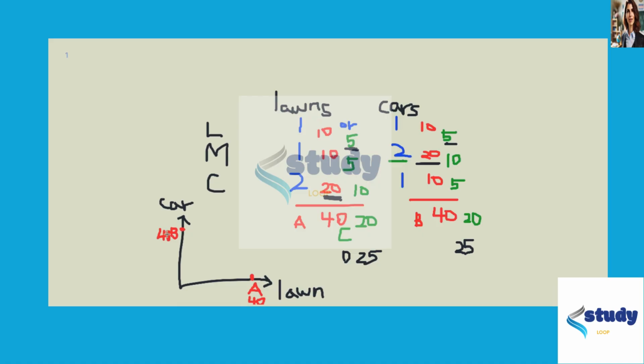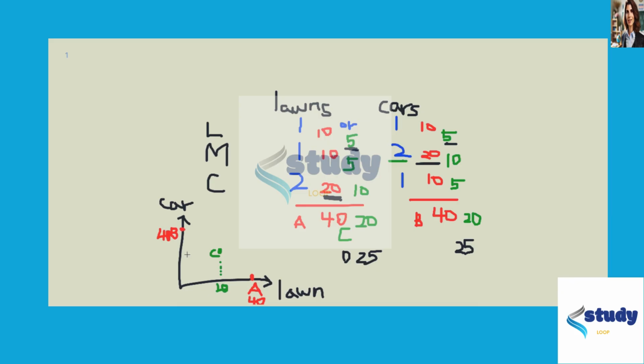And for situation C, I use color green, it's like 20 lawns and 20 cars. So it's like the midpoint between these two. So C is here. I would just not write the number. Oh, okay, I'll just write it down. This is 20.